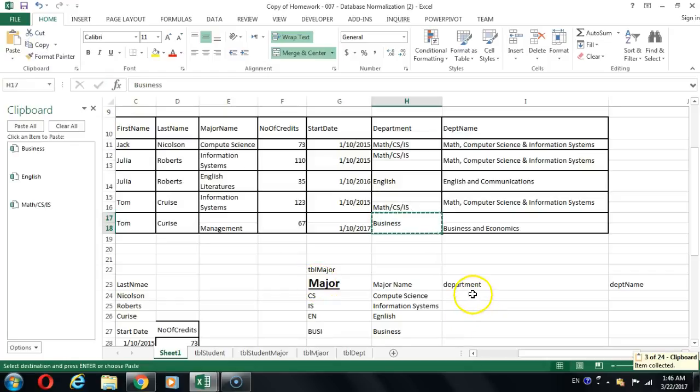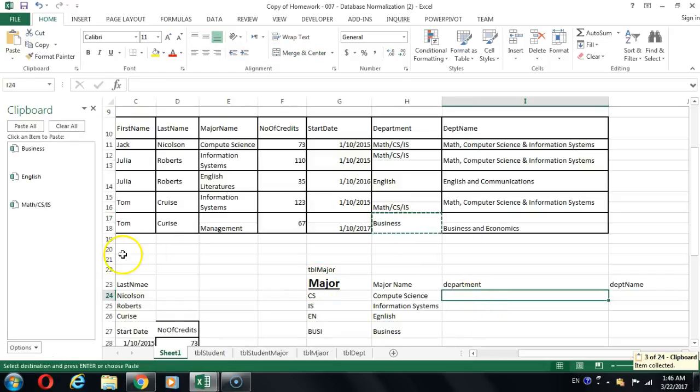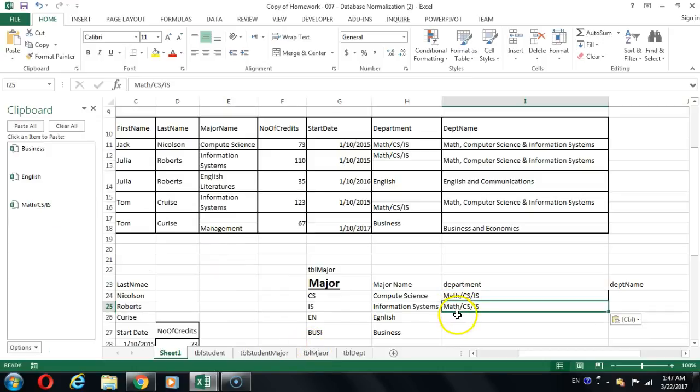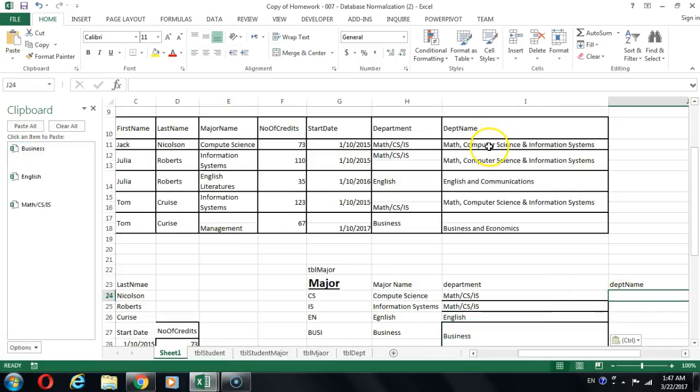So if you look here at the department, this is basically this one here. And this one is going to be information system, which is part of the math computer science. And we have English here, and we have also business here. So the department name is going to go ahead and do that also as well.